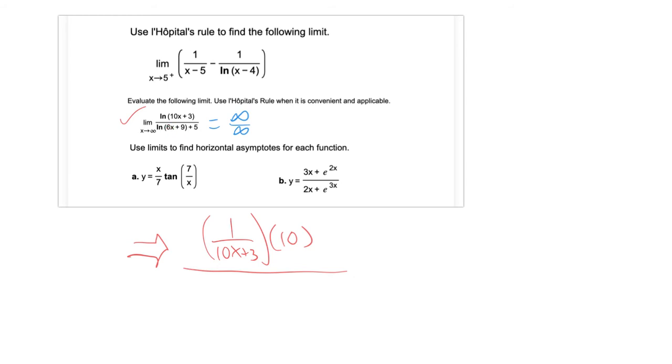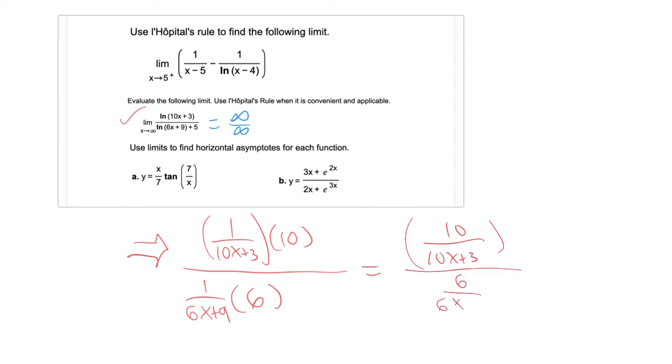Down here, it's going to be 1 over 6x plus 9, and we will be multiplying that times the derivative of 6x plus 9, also known as 6. When we take the derivative of 5, that just becomes 0, so I'm not going to worry about that. Now this becomes 10 over 10x plus 3, that's the top, all over 6 over 6x plus 9.